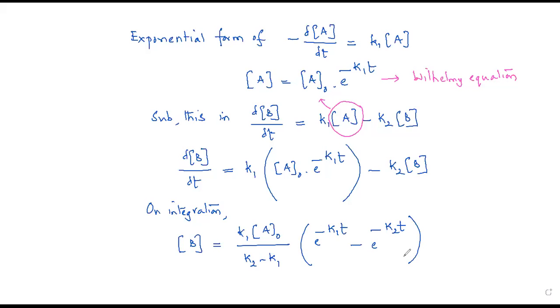Now this B has to be substituted in the equation dC by dt is equal to K2 into the concentration of B. Now this B is what we got in the previous step.